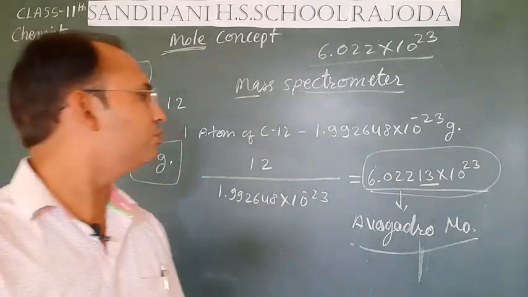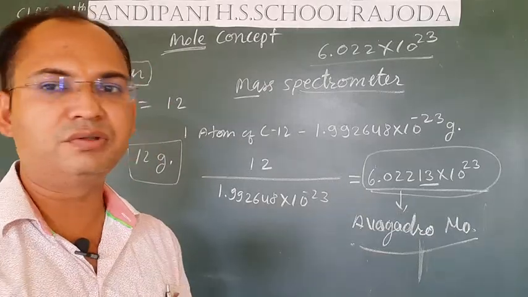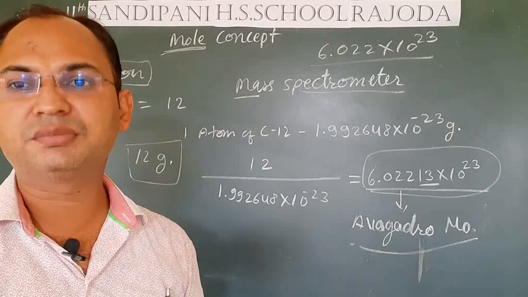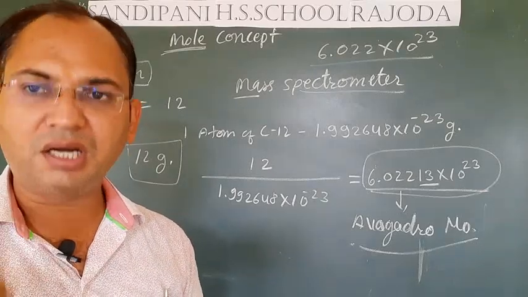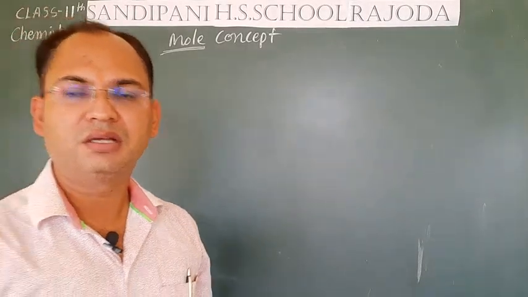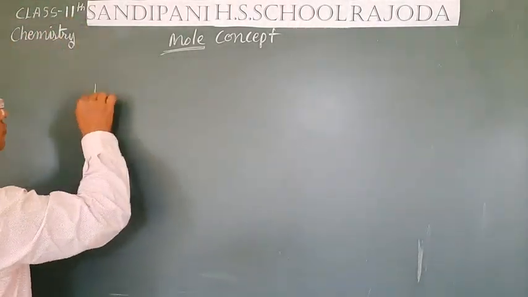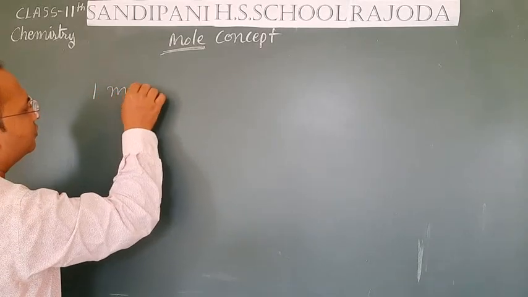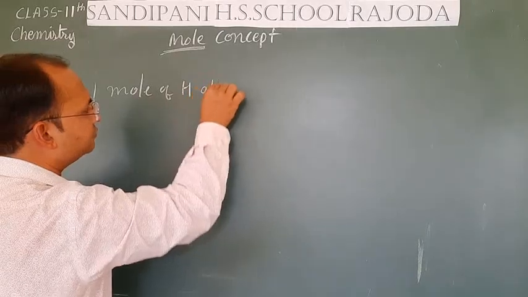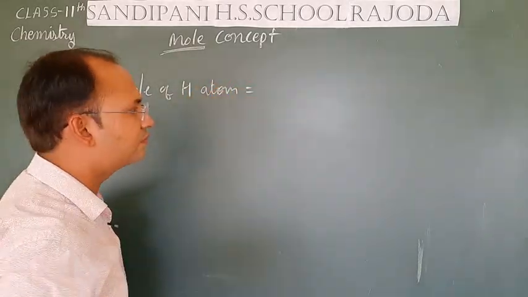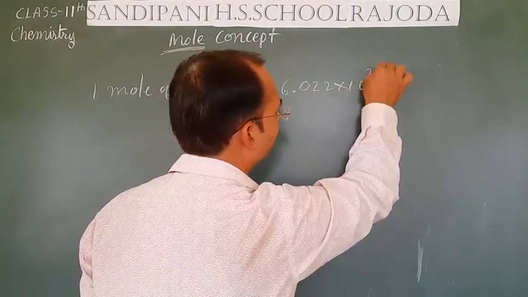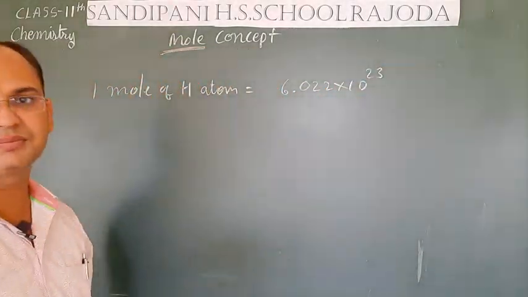Okay students, so this is the value of 1 mole of any microscopic particles. It may be an atom, a molecule, or an ion. Let's see them one by one. 1 mole of hydrogen atoms will be equal to 6.022 × 10^23 in number.